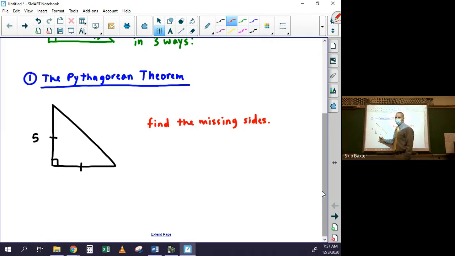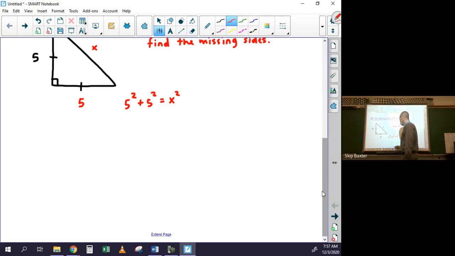What's this side right here? It's 5 also, because it's isosceles. So if you know the length of one leg, you definitely know the length of the other leg. And then it's just a Pythagorean theorem problem. You would just say 5 squared plus 5 squared equals x squared. This is 25 plus 25, which is 50.